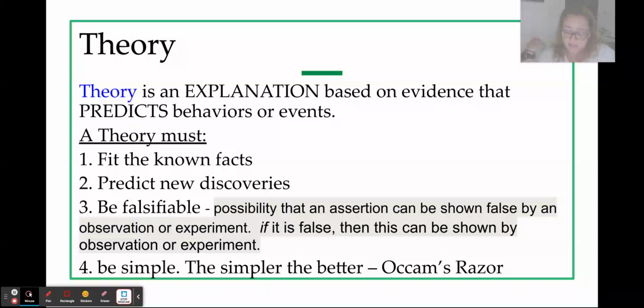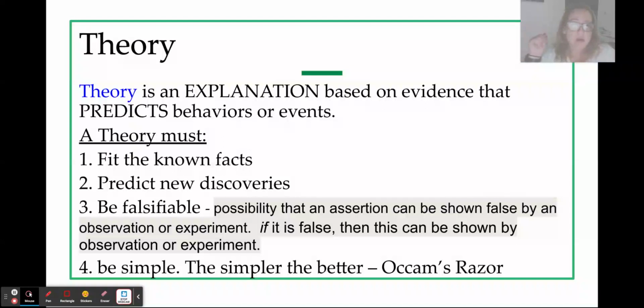A theory explains behaviors or events by giving ideas that organize what has been observed. It's kind of like a prediction of what will happen in those behaviors or events.